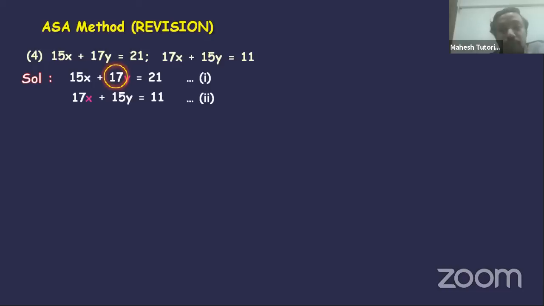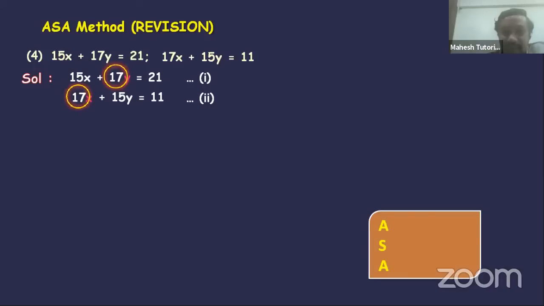And whenever you come across such kind of speciality among the equations, that is when there is interchange of coefficients among the variables, then we solve those two equations by a special technique जिसका नाम है ASA, which stands for adding, subtracting, adding.